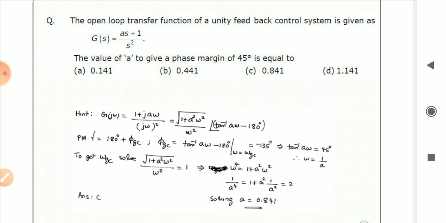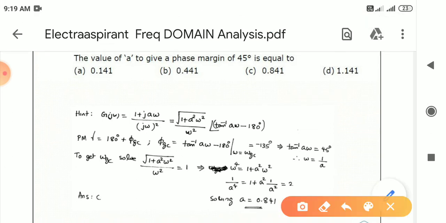Here G(s) equal to (a s plus 1) by s square. Now we can find the sinusoidal transfer function like this, that is G(j omega) equal to (1 plus j a omega) divided by (j omega) the whole square, and we can make the magnitude part and angle part like this.